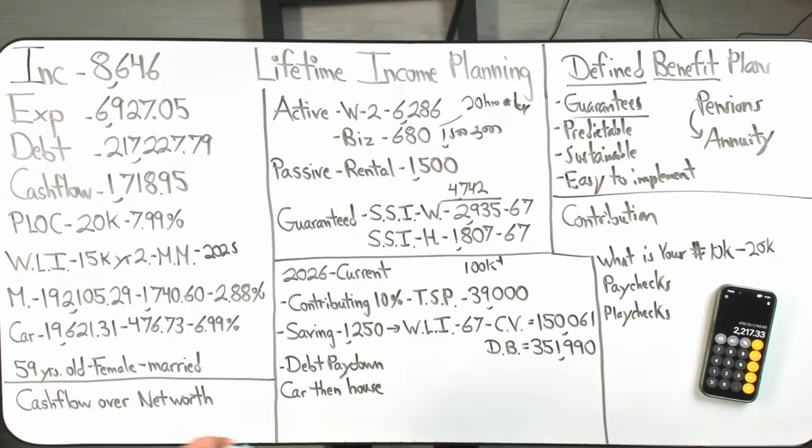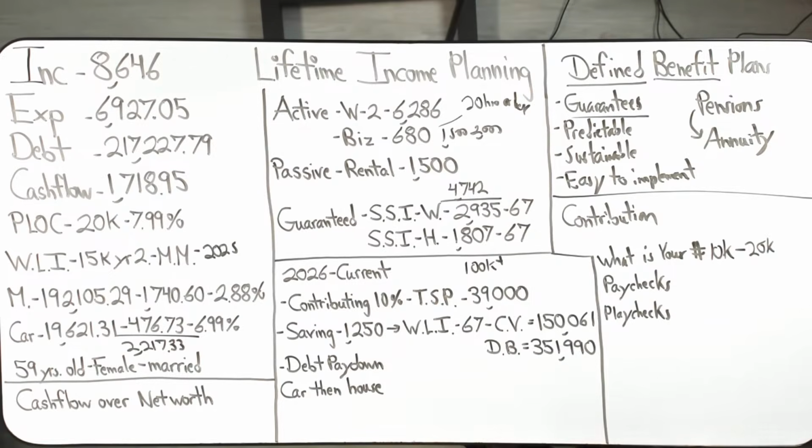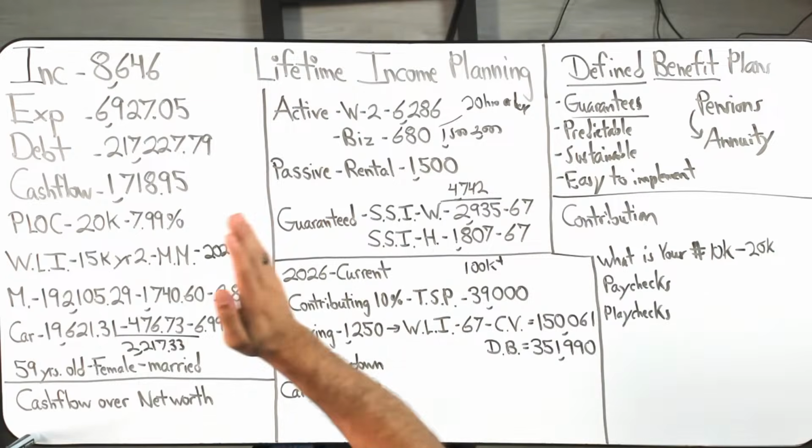So this person has $2,217.33 of obligations. Between now and retirement, let's say 67 or sooner, if they eliminated $2,217.33 of debt obligation, well, now they need even less money.